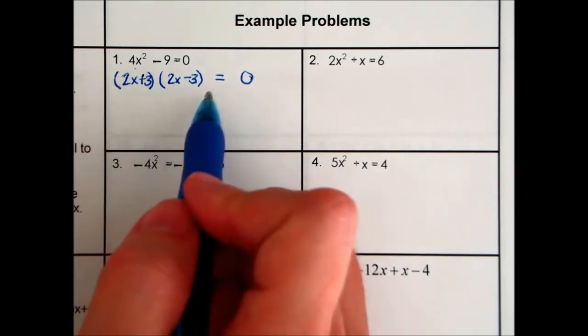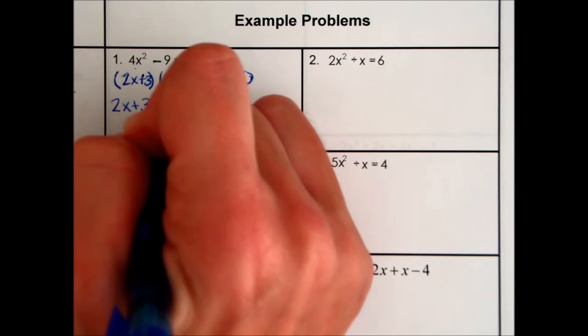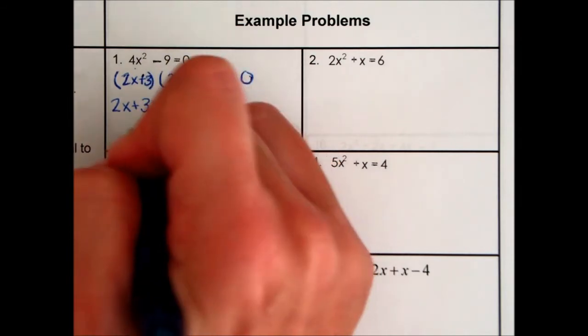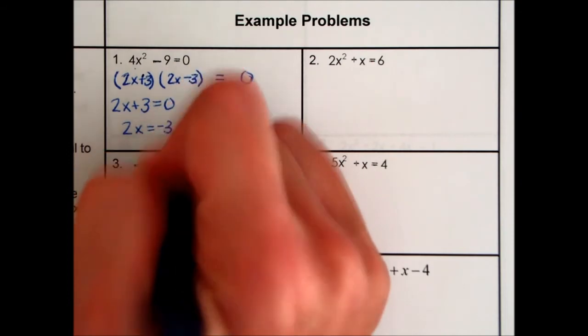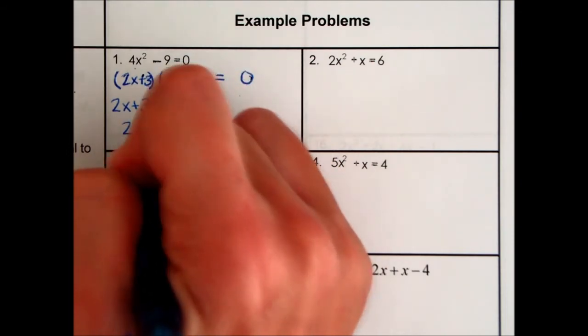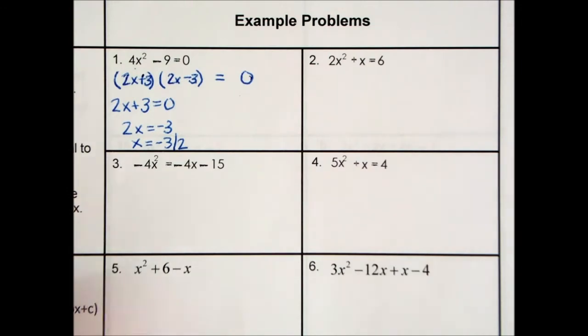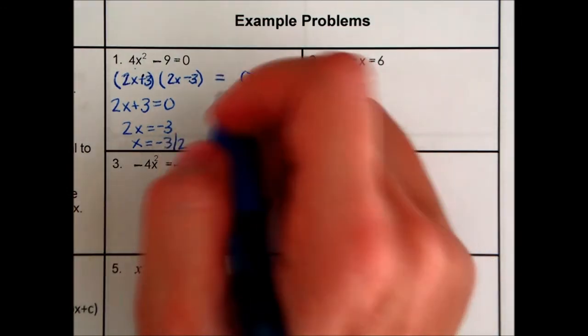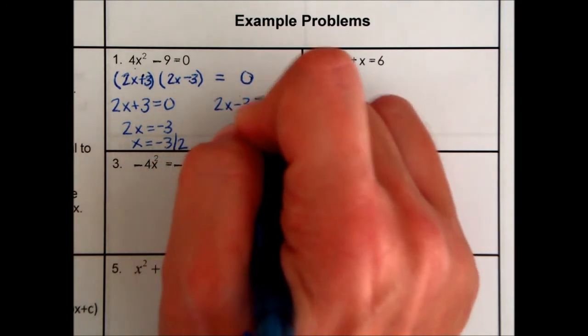Now that we've got this in factored form, you're going to set both of these equal to 0. So we have 2x plus 3 equals 0, so we subtract 3 from both sides, so 2x is equal to negative 3. Divide both sides by 2, and x is equal to negative 3 halves. We also do that same thing here, where we have 2x minus 3 equals 0.